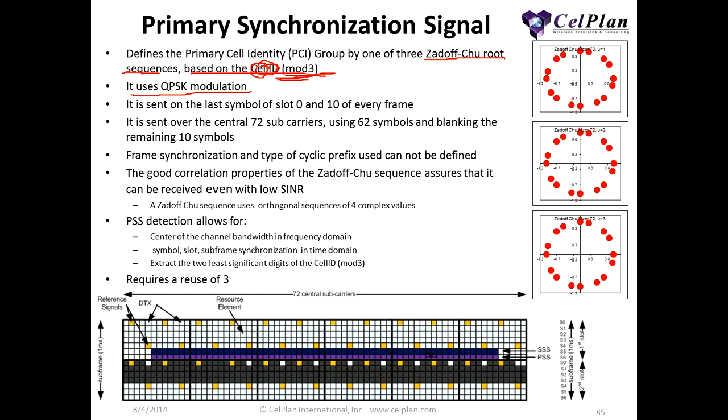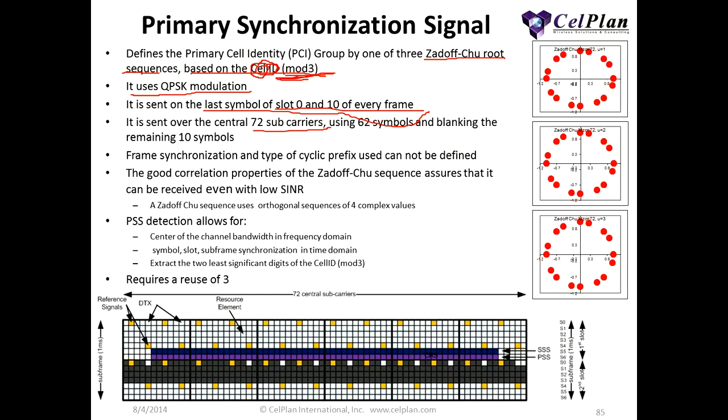So if you divide PCI by 3, you have the remainder, and this remainder gives which Zadoff-Chu root code will be used. It uses QPSK modulation and is sent in the last symbol of slots 0 and 10 of every frame.